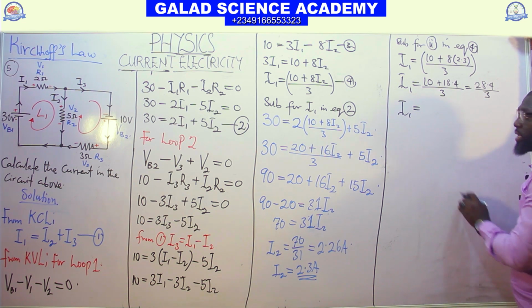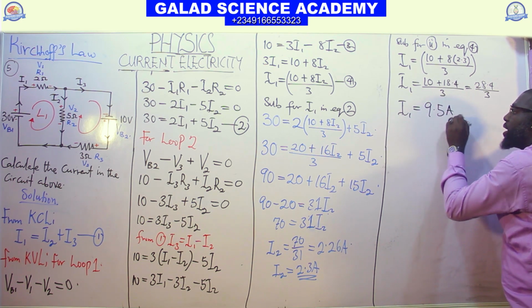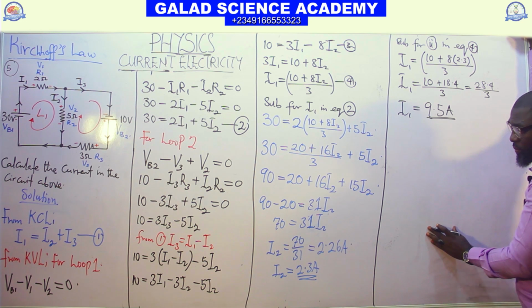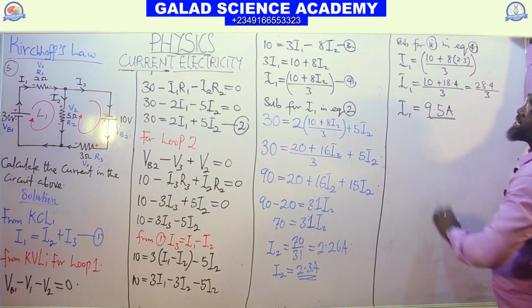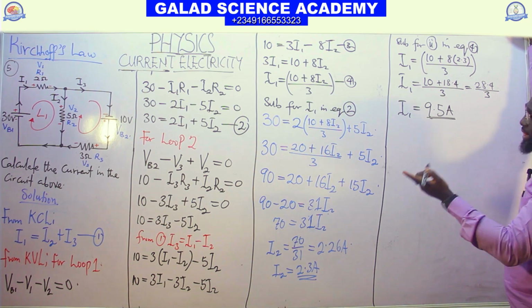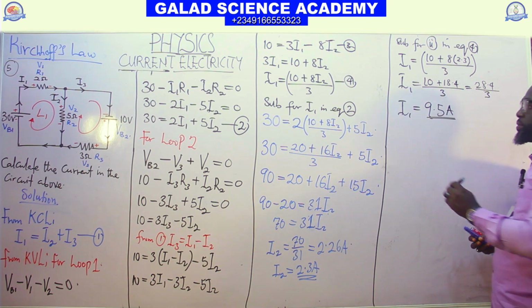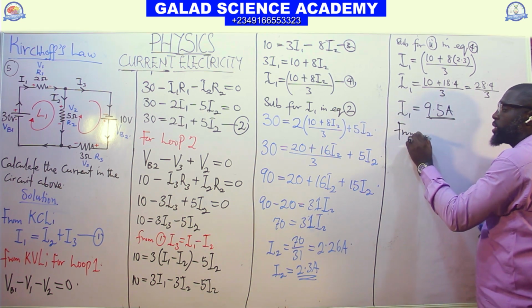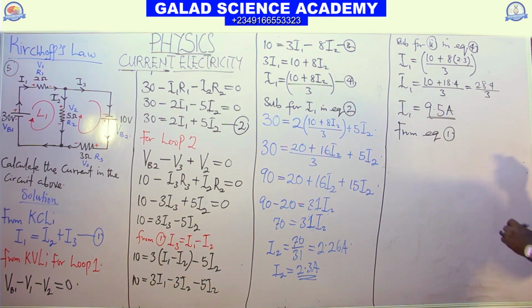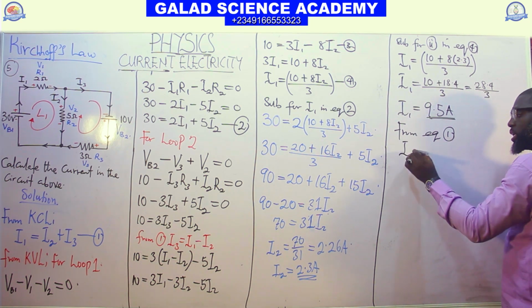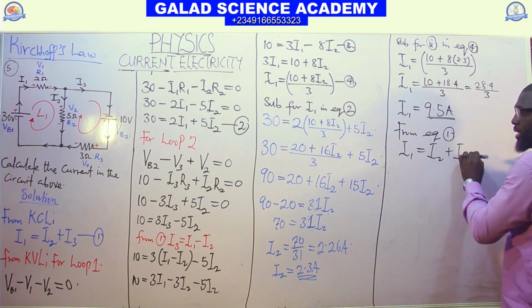So the final answer for I1 is 9.5 ampere. If I2 is 2.3 ampere and I1 is 9.5, what will be the I3? From equation 1, I1 is equal to I2 plus I3.